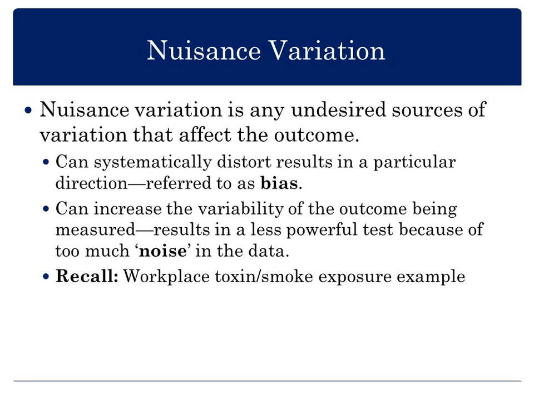Nuisance variables don't have to operate in that way. They may just put noise into your data, and the result would be there's too much noise for you to detect anything meaningful, so you would end up with what we call a type 2 error or an underpowered study. And so this is where I refer you back to the workplace toxin and smoke exposure example from the first lecture.